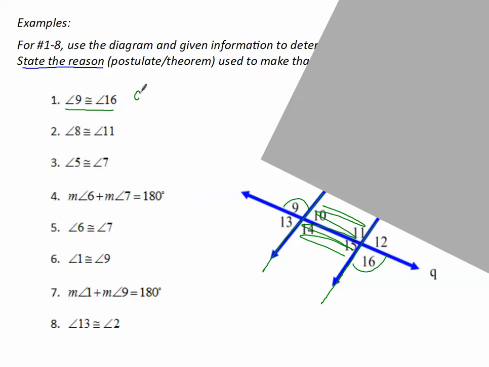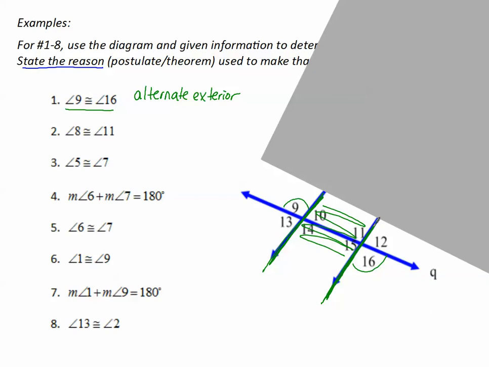So these are alternate exterior angles. So by the alternate exterior angles, if they're supposed to be congruent, I know I have to have parallel lines. So which are the lines that are parallel? This line and this line.